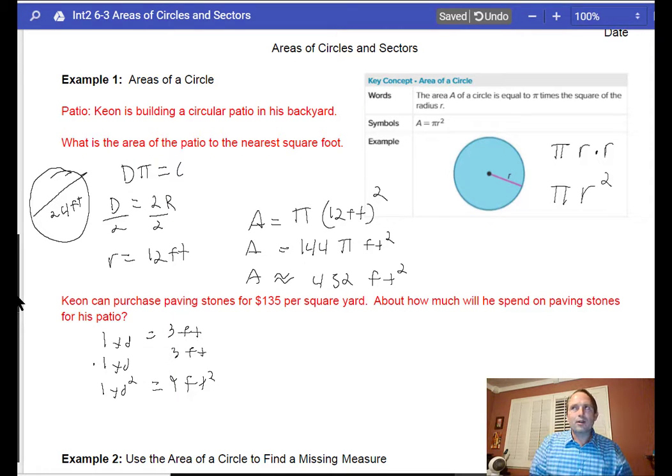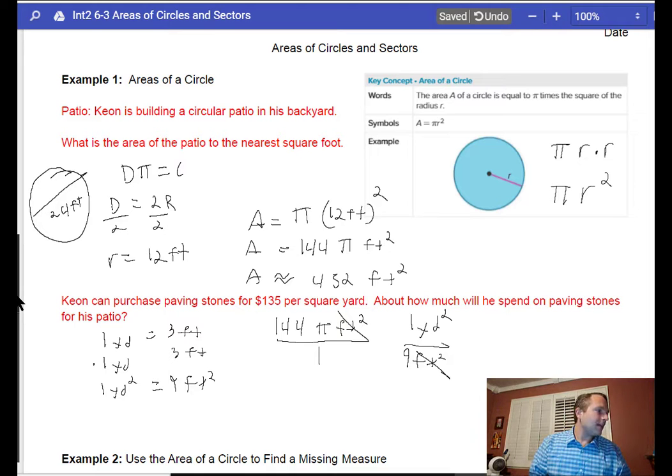Since we are dealing with a new problem, we should probably leave it as pi. So I know it's 144 pi feet squared. I'm going to convert this. So I know that it's 9 square feet per 1 square yard. So I'm going to cancel out the feet and the feet.